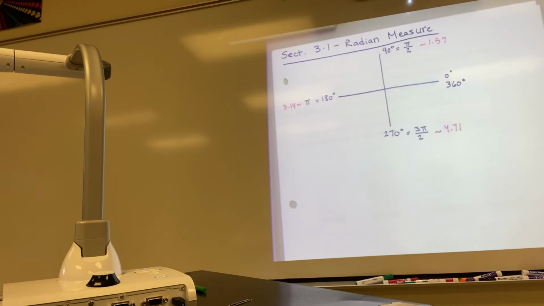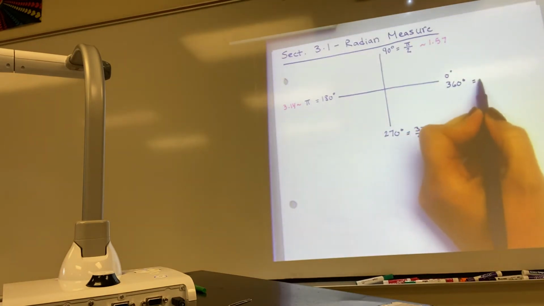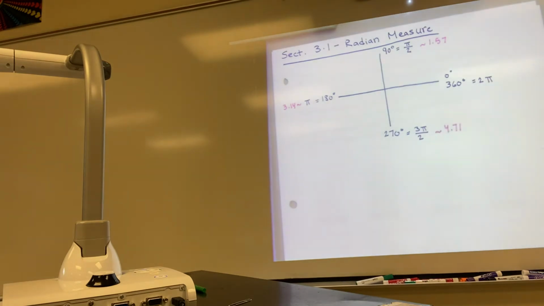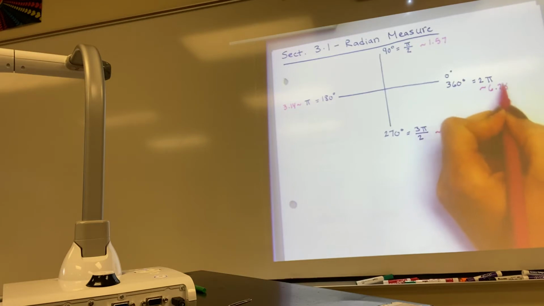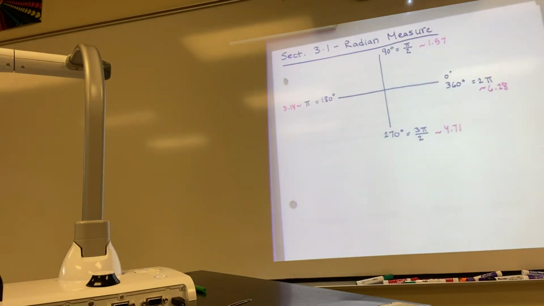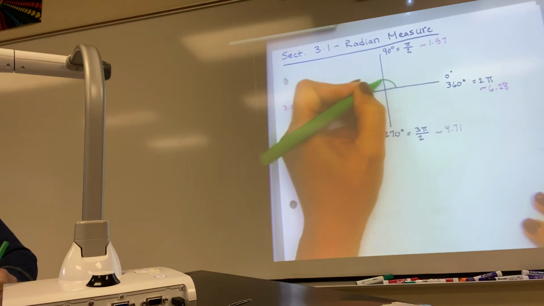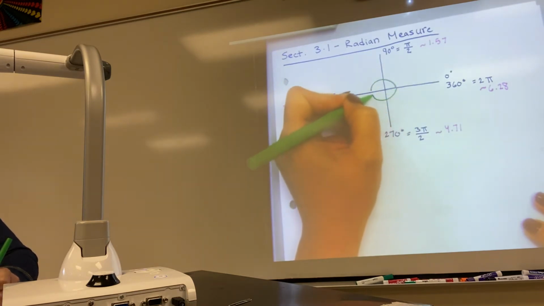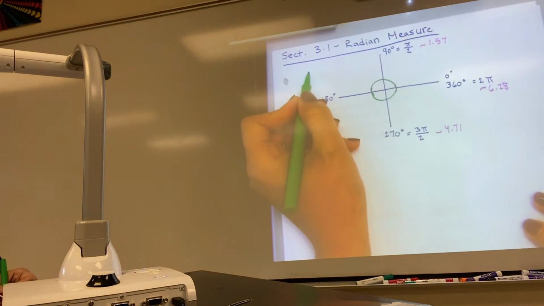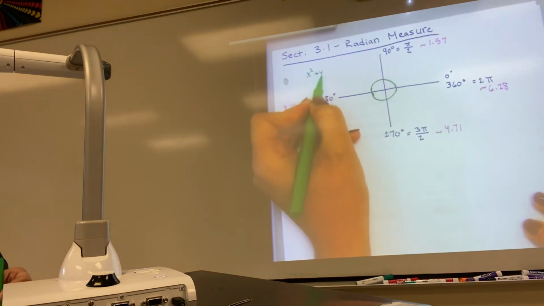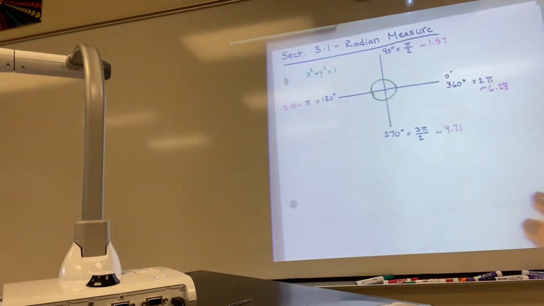And when it is 360 degrees, that's the same as 2 pi, approximately 6.28. This will be our unit circle. We will talk about this later, but keep in mind that it is x squared plus y squared equals 1.